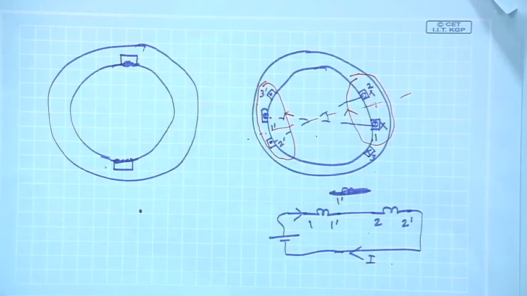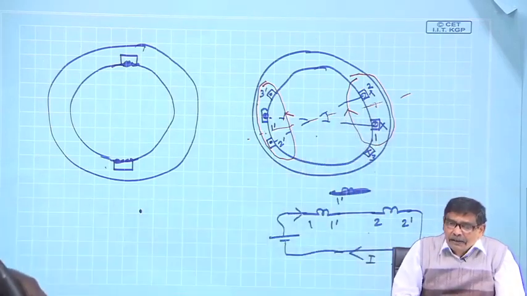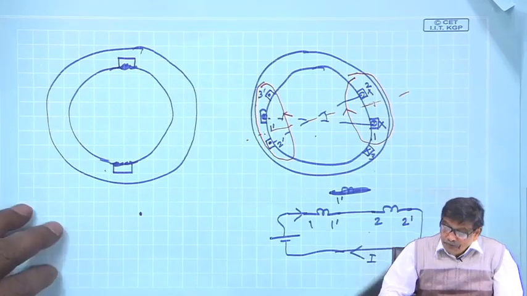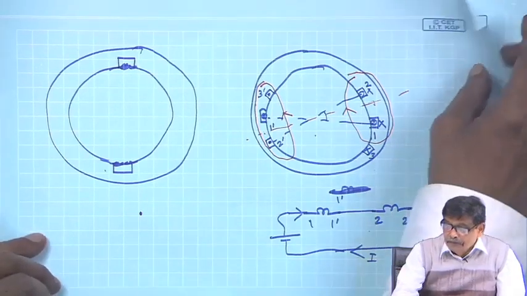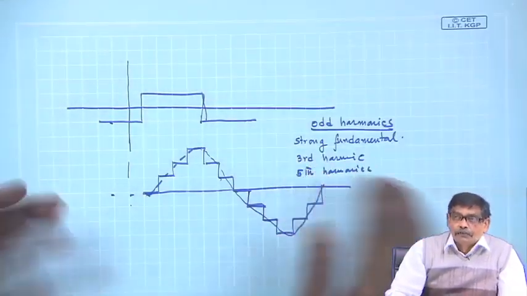Later we will see that by disposing the conductors in a particular fashion, that is, this angle should be how much and things like that, we will show you that it is possible to nullify the predominant harmonics.